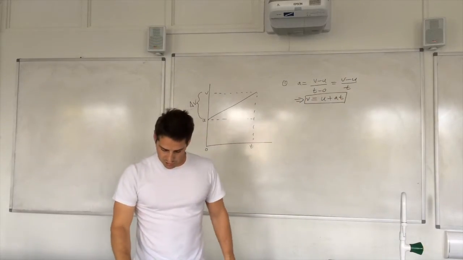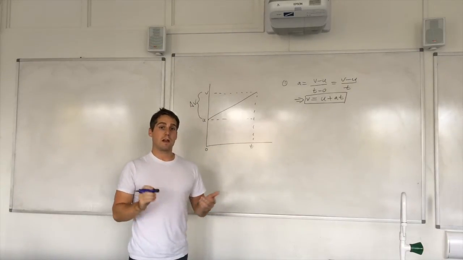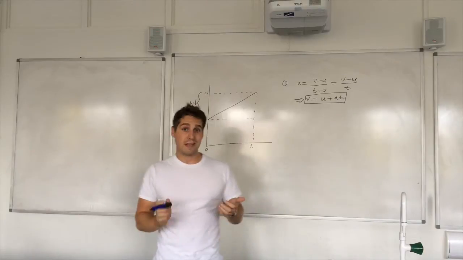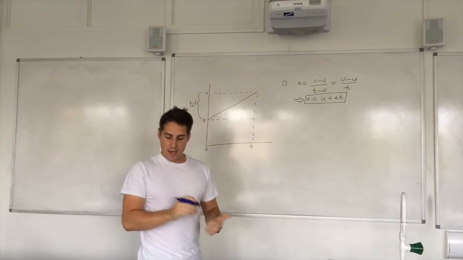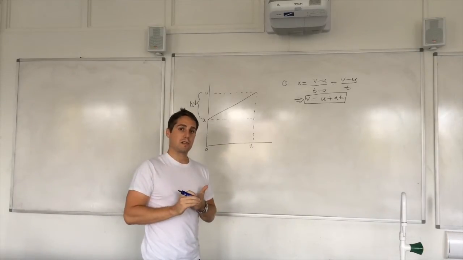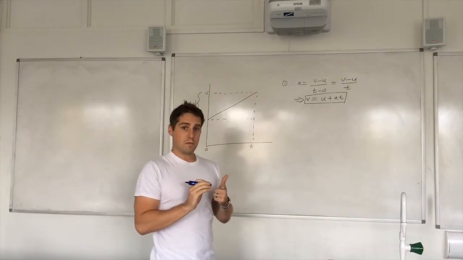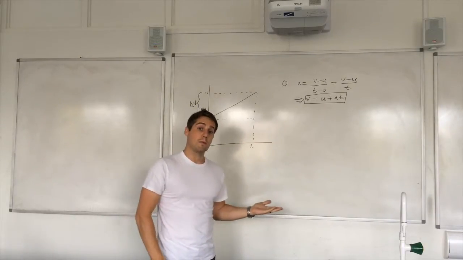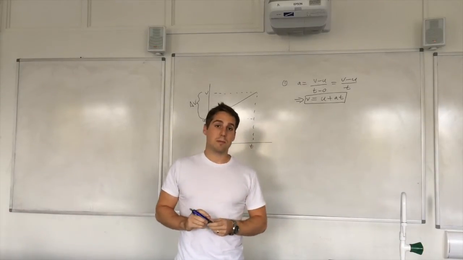On to equation 2. What I want here is an expression for the displacement S, and you're going to need to substitute into that the expression for V minus U from equation 1. So we've got equation 1 up there, and you hopefully got it on your piece of paper too.